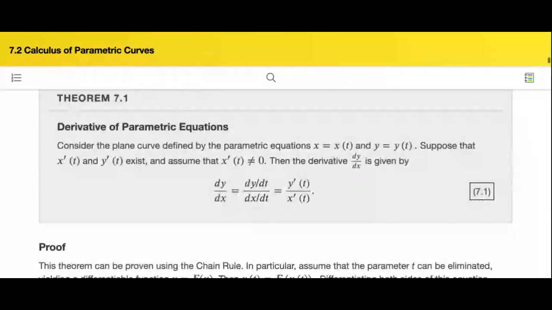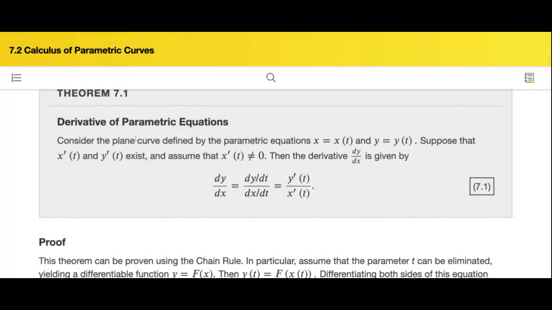So, theorem: derivative of parametric equations. Consider the plane curve defined by the parametric equation, where x is a function of t, and y is a function of t. Suppose that x prime and y prime exist, of course. That's mathematically correct, but for this book, everything we deal with is x prime of t, y prime of t exists.